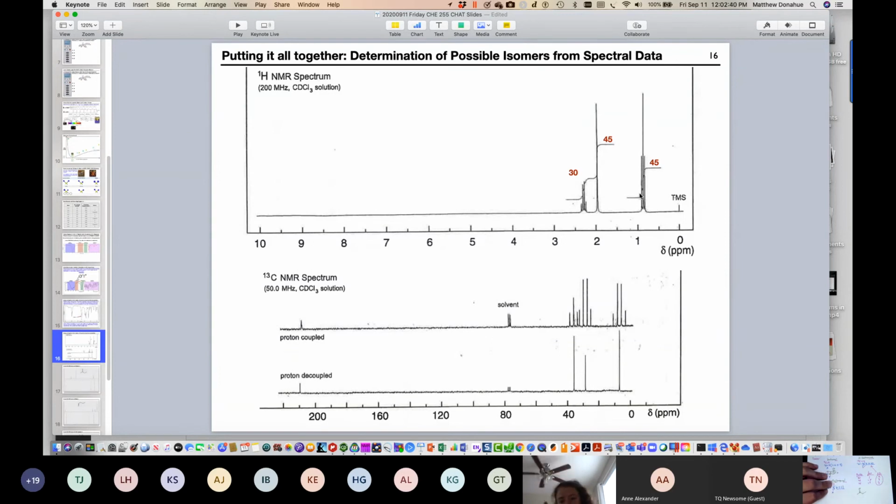We said we had 4 unique types of carbon. So we have some resolution here, right? Of the 4 unique types, 3 are sp3 hybridized, 1 is sp2 hybridized.